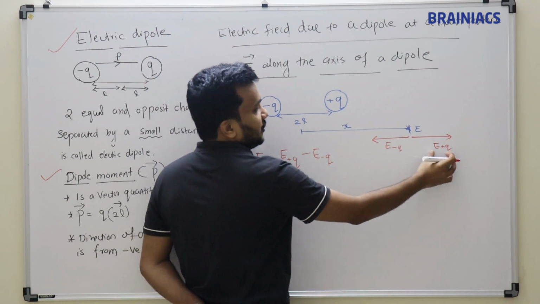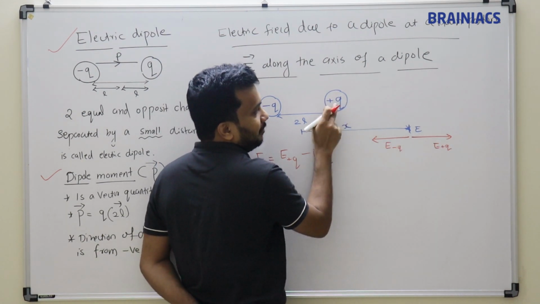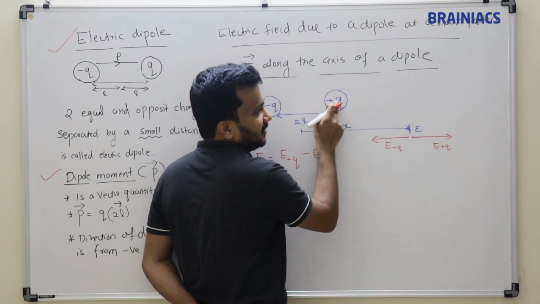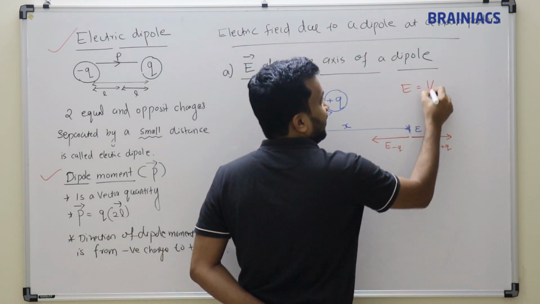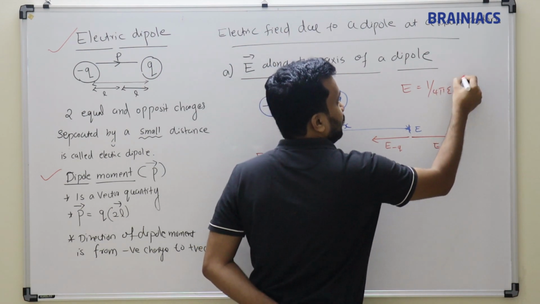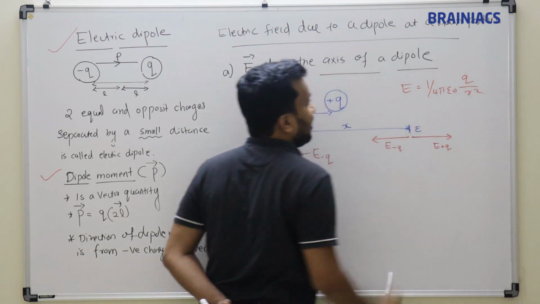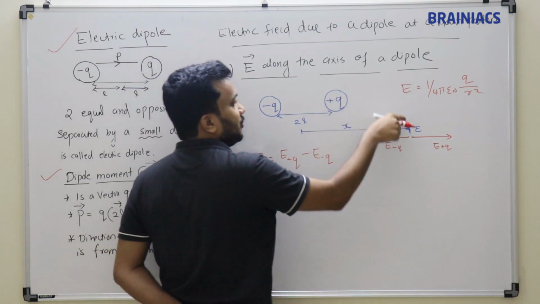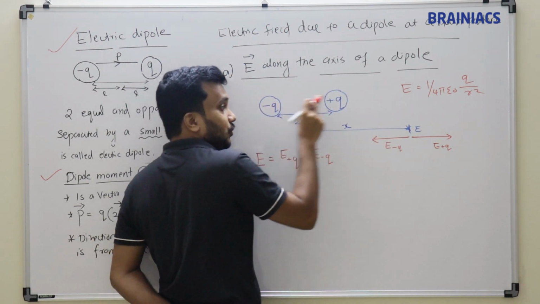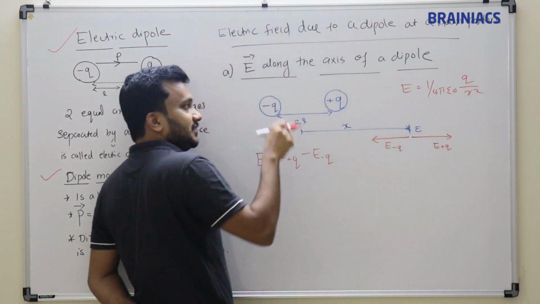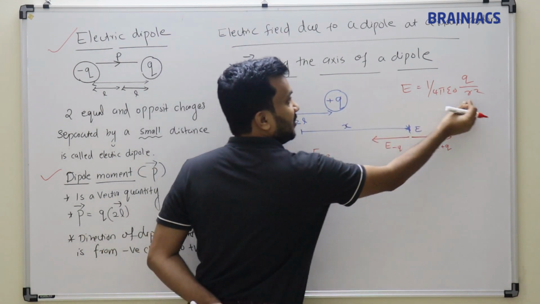Because E plus q is the electric field created due to the plus q charge at this point. So the general equation of electric field is 1 by 4 pi epsilon 0 q divided by r square. R is the distance from the charge to this point. With respect to the distance from minus q to this point, the distance from plus q to this point is shorter.